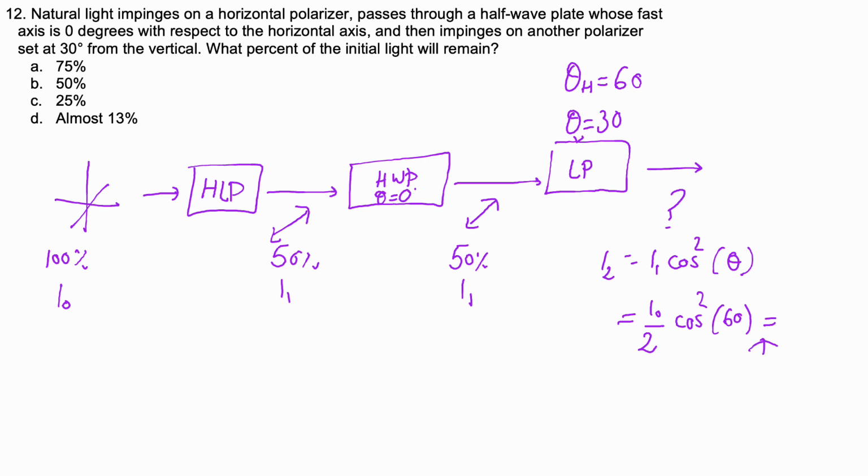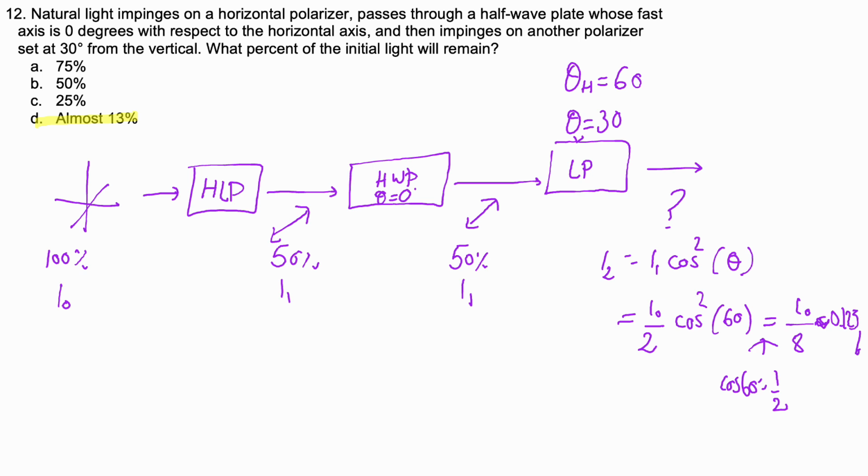So we know that cosine of 60 is 1 over 2. So here we're going to have an eighth part of the initial one. So that is 0.125 I sub 0. So we are getting almost 13%.